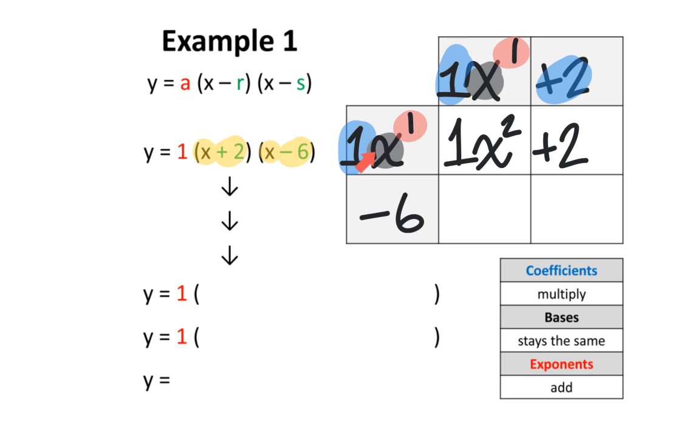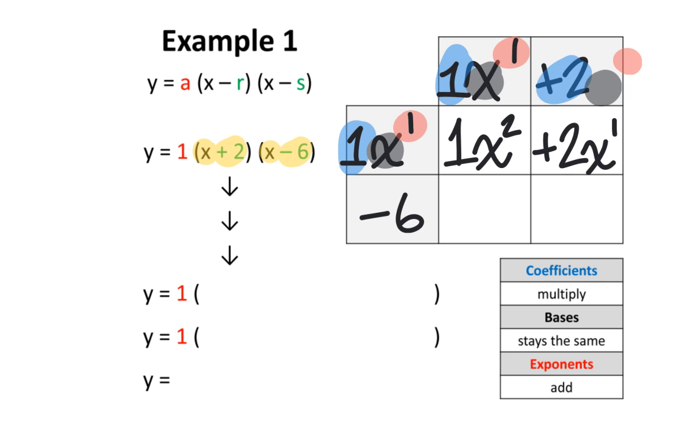We already know that the base here is x, but there is no base over there. Bases stay the same, so that x is going to stay the same. And last, we want to take a look at exponents. We already know the exponent here is 1, and there is no exponent there because there is no base. So this 1 is going to stay the same. So I'm going to write a 1 as an exponent over here.